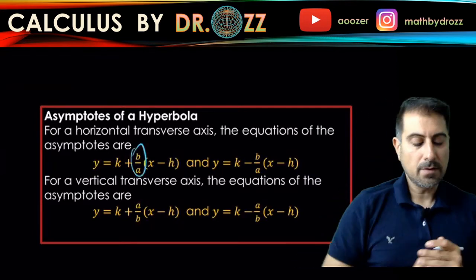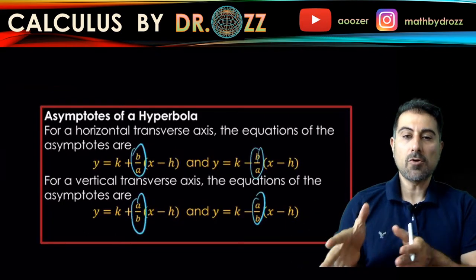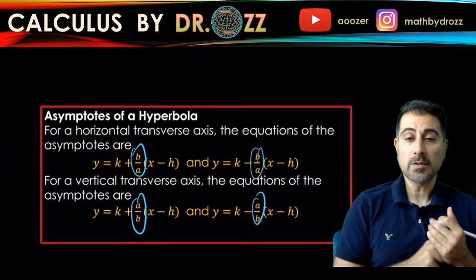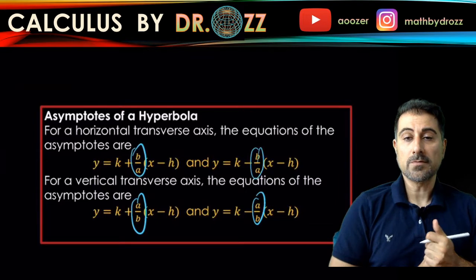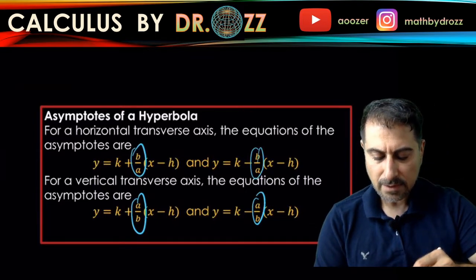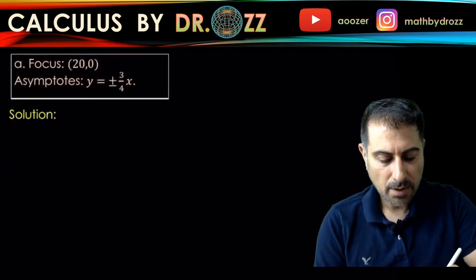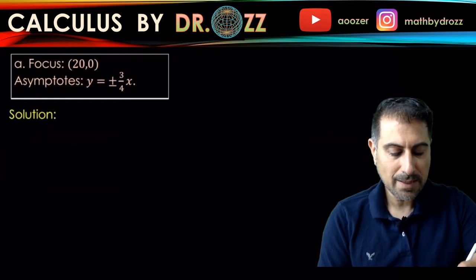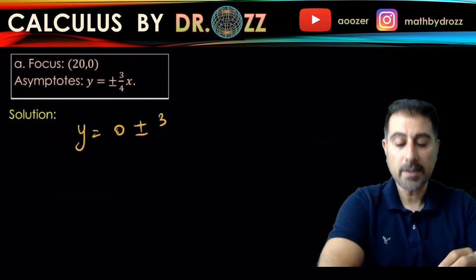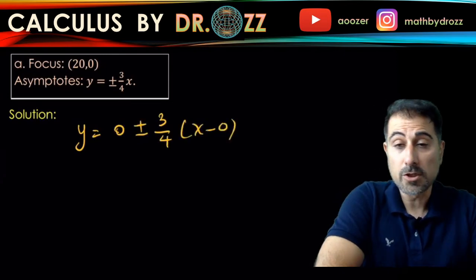But the actual form is a number, plus or minus the slope, times x minus another number, and those numbers are the coordinates k and h of the center. Going back to the first case, I can immediately see that those numbers are 0. So y equals 0 plus or minus 3 over 4 times x minus 0, implying that the center is located at the origin.